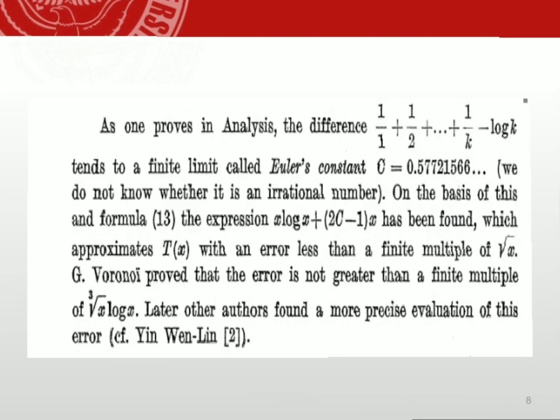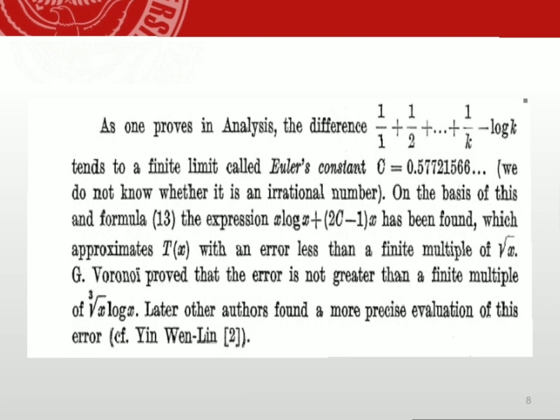As one proves in analysis, the difference between 1 over 1 plus 1 half plus dot dot dot plus 1 over k, minus log k, tends to a finite limit called Euler's constant, c equals 0.57721566. We do not know whether it is an irrational number.